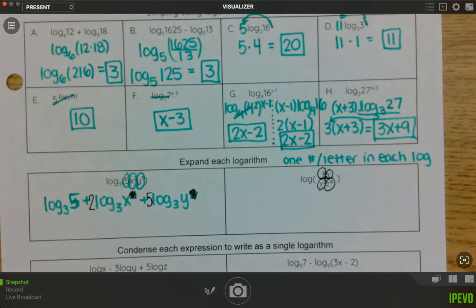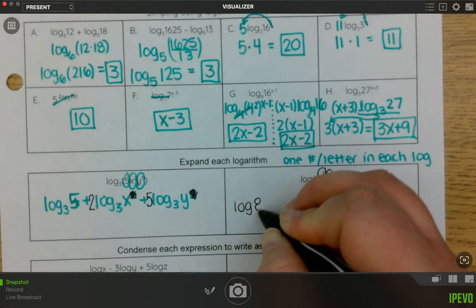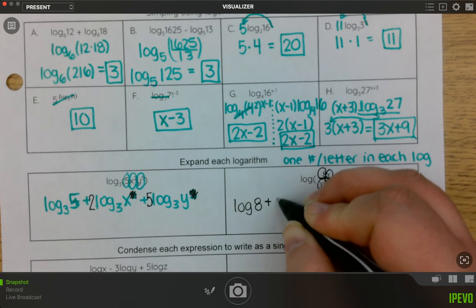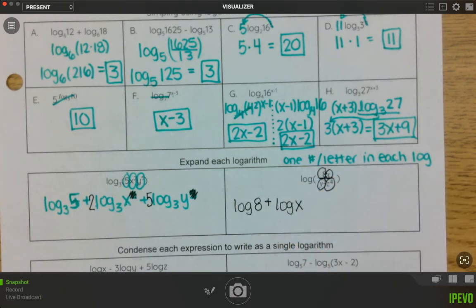Okay, so the 8 and the x are both on top, so they are both going to get added, because they're being multiplied. The other two are both being divided, that's why they're both in the denominator.